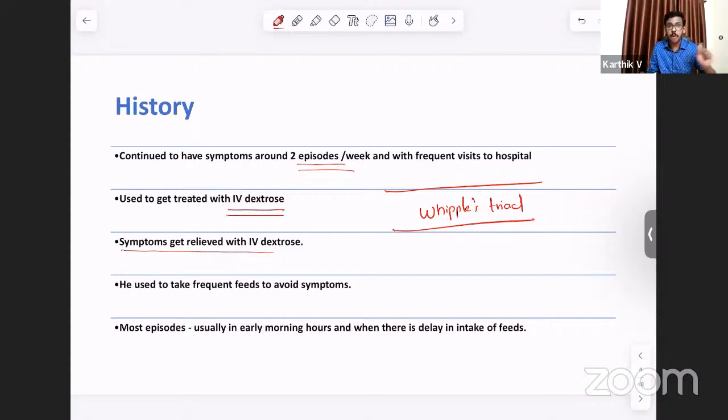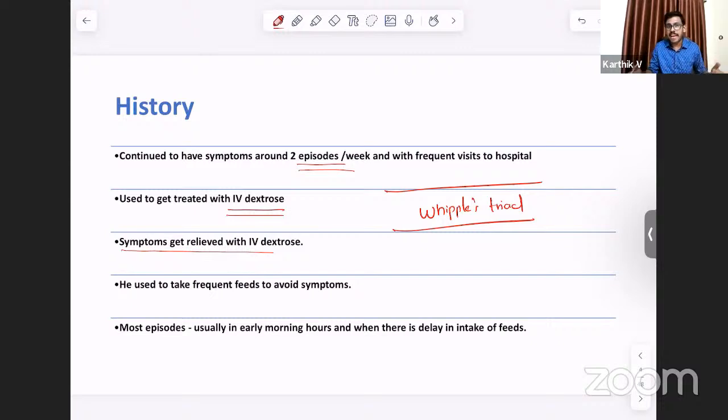And one more point I would like to highlight is, when I mentioned Whipple's triad, the third point was prompt resolution with glucose or dextrose. That is very important. If the symptoms were due to hypoglycemia, unless the patient had a prolonged hypoglycemia with neuroglycopenic symptoms, he should experience prompt reversal with administration of glucose.